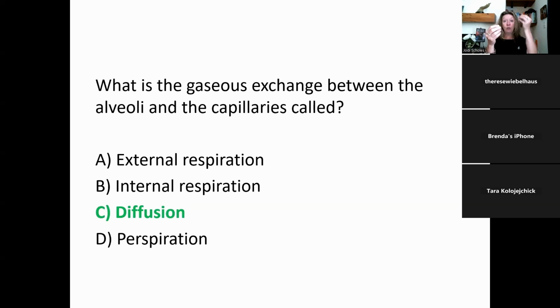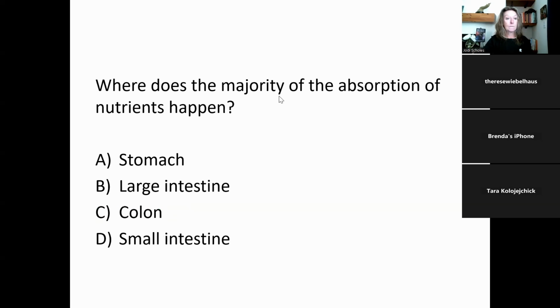Capillaries have CO2. Alveoli has oxygen. Switch. Alveoli now has CO2. Capillaries have oxygen. See you later. Go into the body. That exchange right there is called diffusion. Next question.